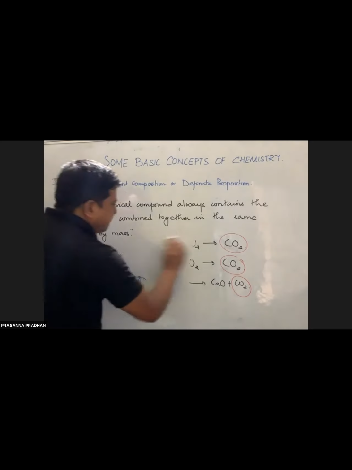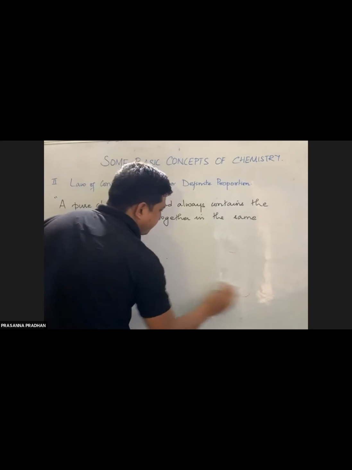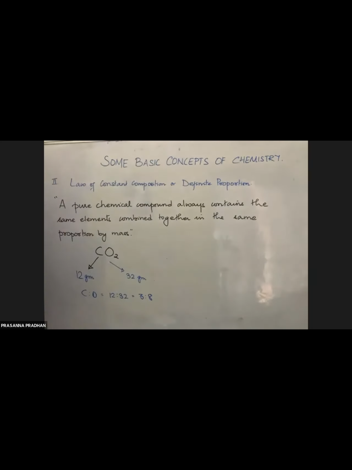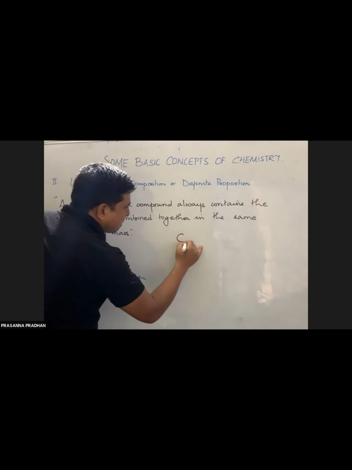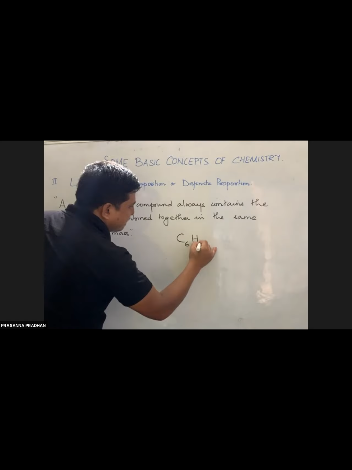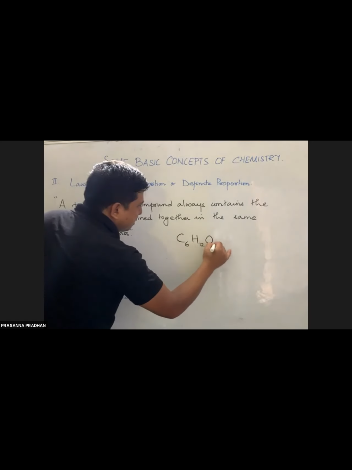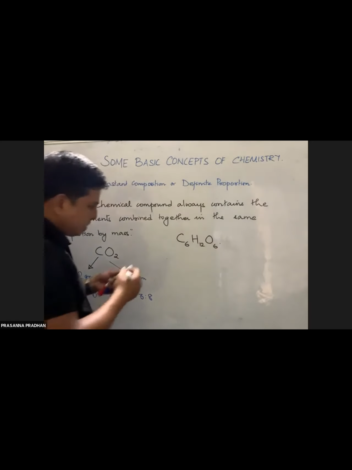Now similarly, a compound can have 2 atoms or it can have many atoms as well. For example, glucose. Formula C6H12O6. This is glucose.